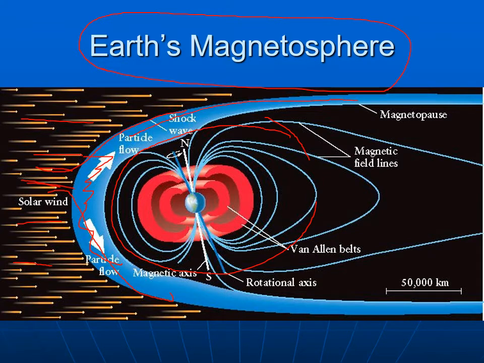Most of these charged particles drag off behind Earth. There are a few that leak into the magnetosphere. They get caught in the Van Allen belts. The magnetosphere has this big, long magnetotail that sticks off here. The magnetopause is the boundary between the region of space where the Earth's magnetic field dominates or where the sun dominates.